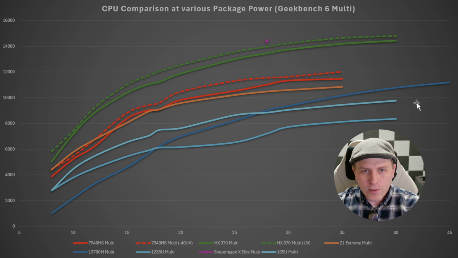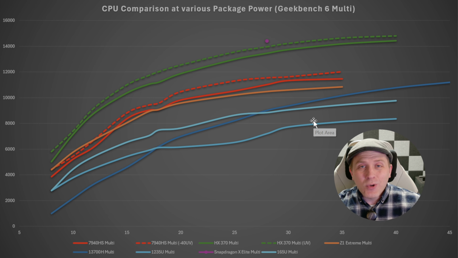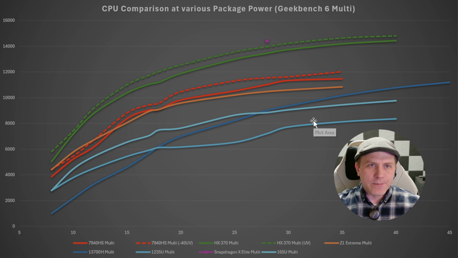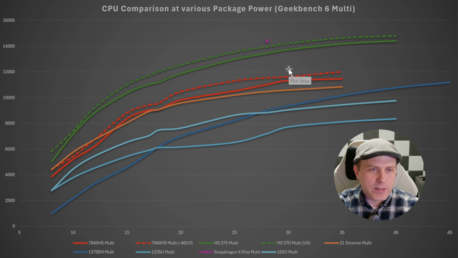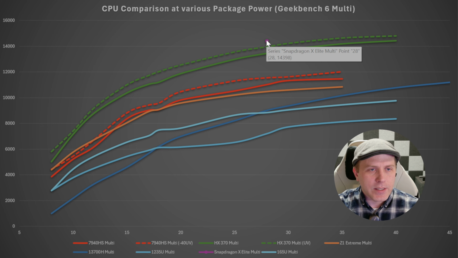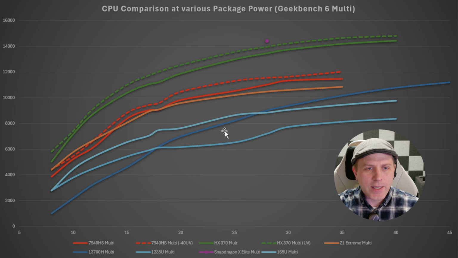And probably one of the other things that I ought to mention that are absent from these charts is Lunar Lake. And part of that is I just haven't had a Lunar Lake device. I've wanted to get one in, but that's on me. I need to get one in, but I didn't have that for testing.